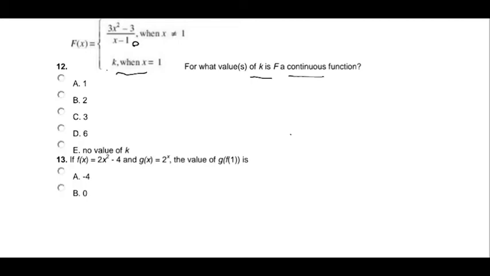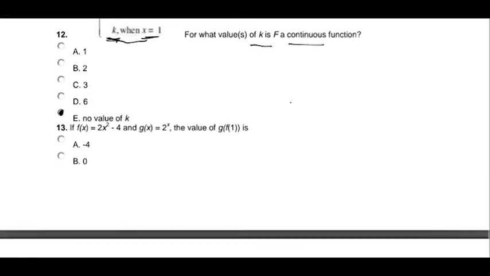So it will switch to k then after 1. So when x is equal to 1 then the result will be k. So that's not possible. So there's no value of k. Just think about it. If x is equal to 1 then it's not possible.